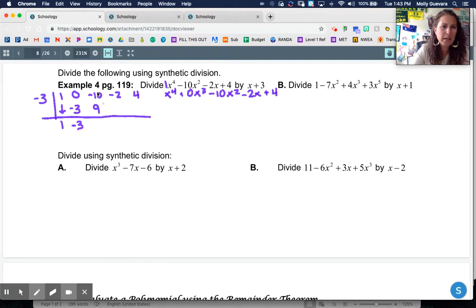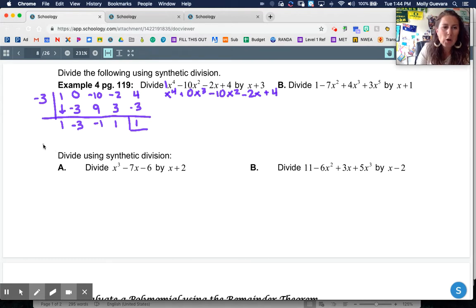So I multiplied, and then I add. I get -1. Then I multiply. -3 times -1 is +3. And then I add. -2 plus 3 is 1. -3 times 1 is -3. And I add 4 plus -3 is 1. Whatever that last number is, we put in a little box because that's my remainder.